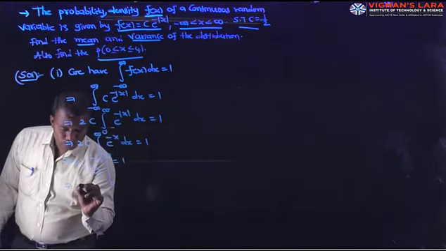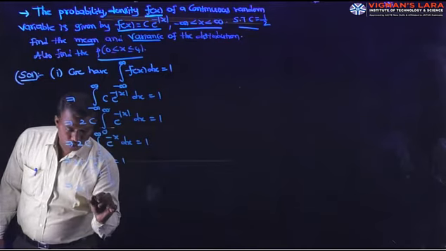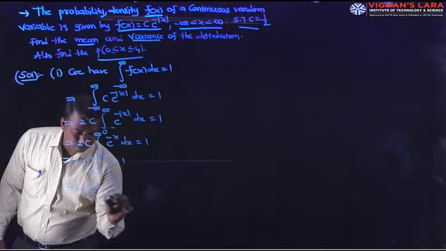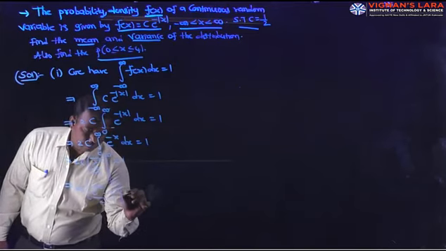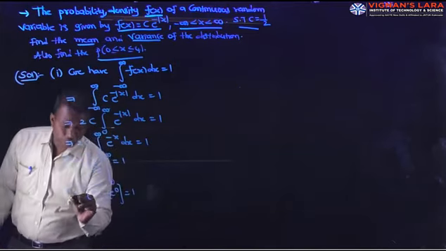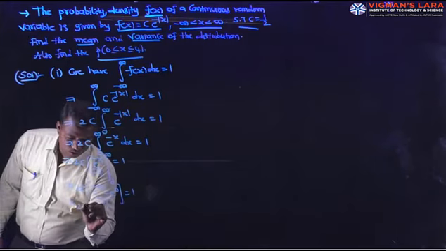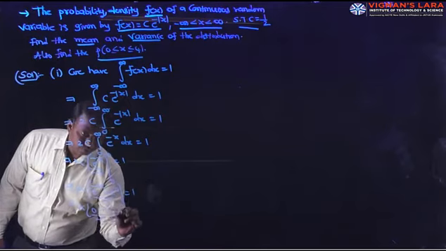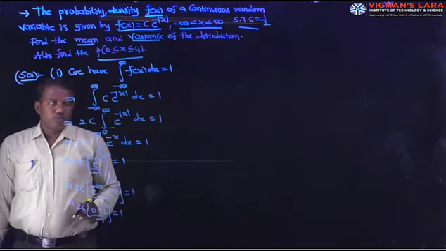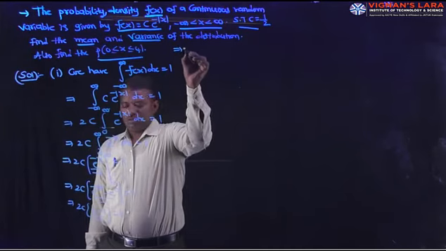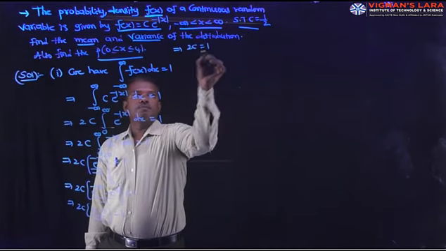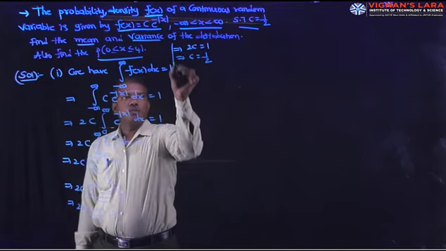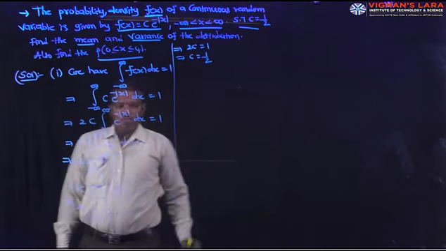That implies 2c into e power minus infinity minus e power 0, by minus 1, is 1. E power minus infinity value is 0. So 0 minus 1 by minus 1 is 1. Implies 2c is 1. Then c is equal to 1 by 2.